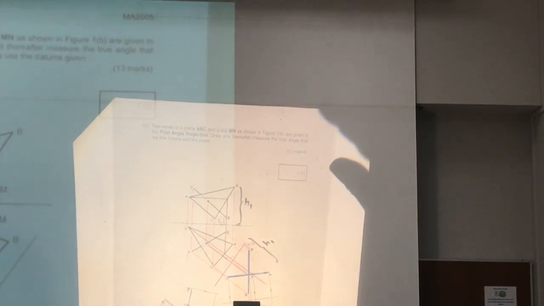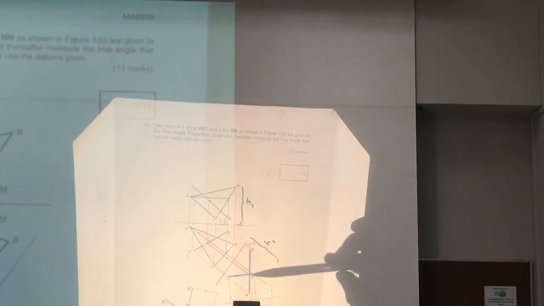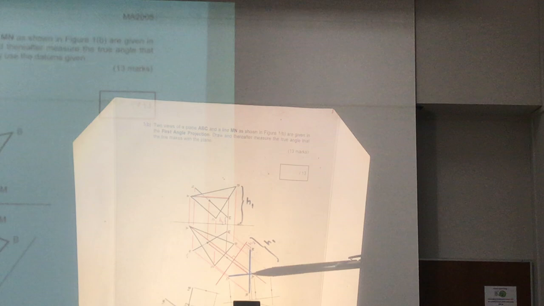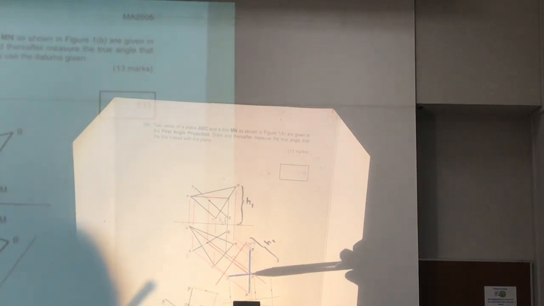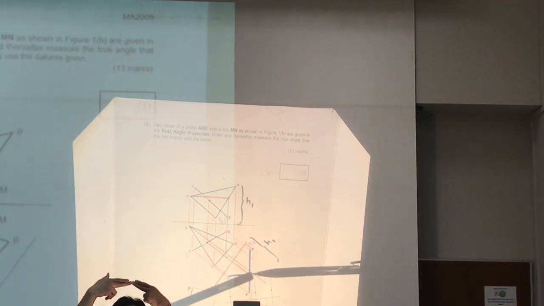Alright? Because if your drawing is not accurate, A to B is one line, A to C another line. You are showing me two lines like that.